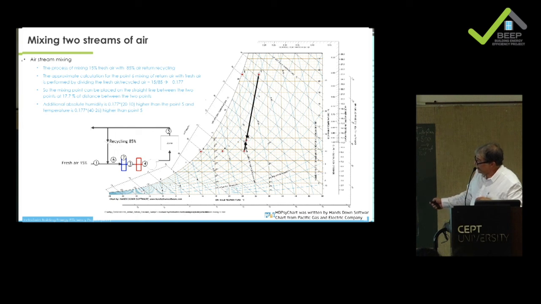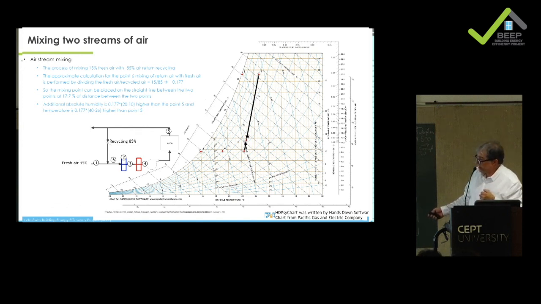You take the point of fresh air, you take the point of return air, and you take the reverse distance, since you are taking only 15% of fresh air and 85% of recycling. So from here to here you see that this point comes at 15% and 85% distance of these two points. So this is quite simple actually, once you know how to do it.